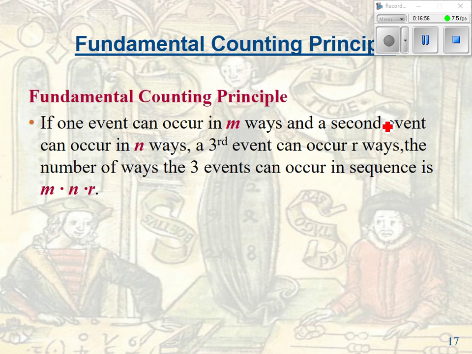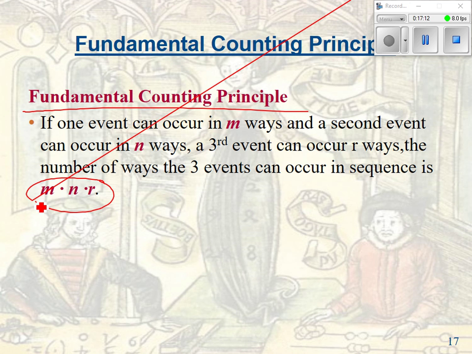Alright, fundamental counting principle. Write this down. Just write fundamental counting principle.